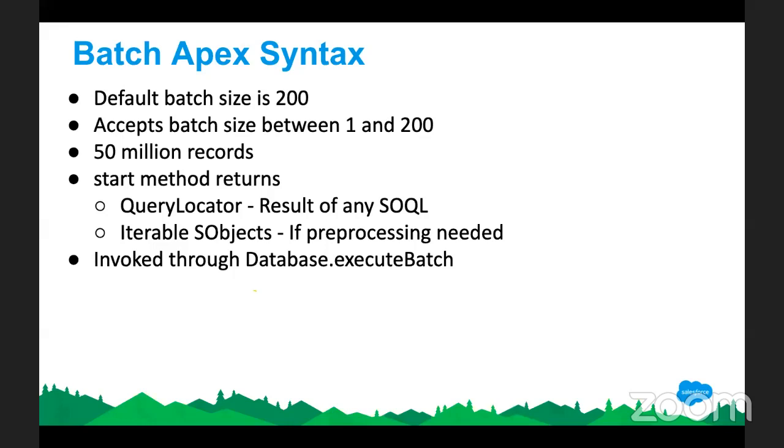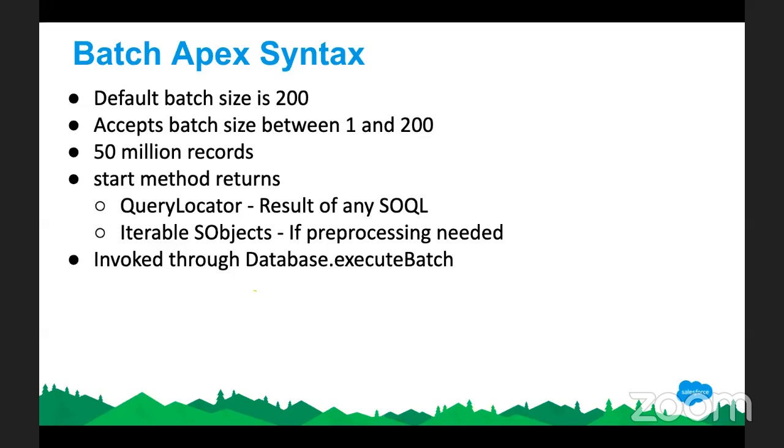Then we can have a query locator or iterable objects. What is this query locator and iterable? Query locator is basically the result of a SOQL. If you do a query, that is a query locator. What is an iterable object? Assume you need to process a very large CSV file and create records.